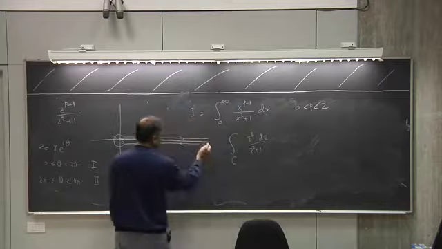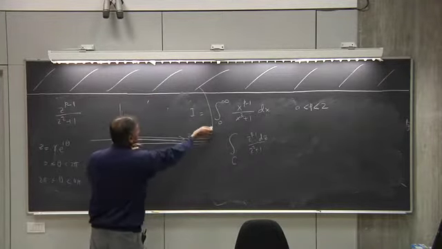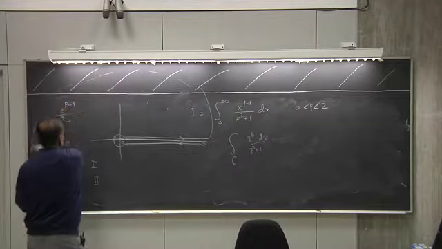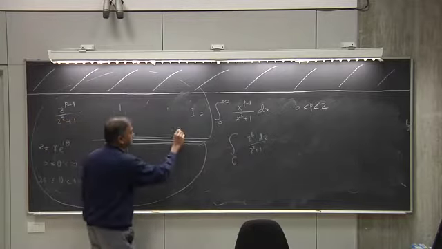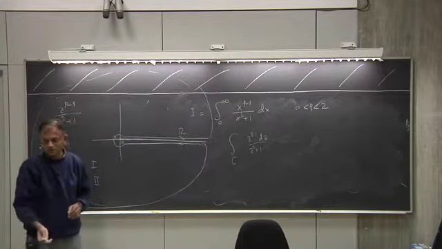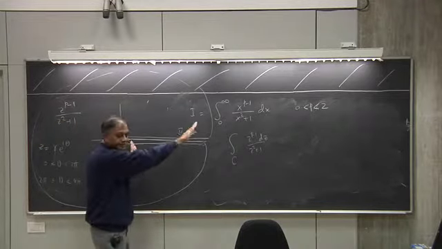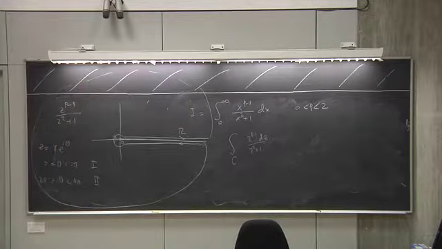The contour is not just this. You take, now this is not visible, right? But you draw a circle and come back here. So some radius r, where I'm going to take r to infinity in the end. This is what we usually do, right? You take the r to infinity limit at the end of the calculation. So this is my full contour.